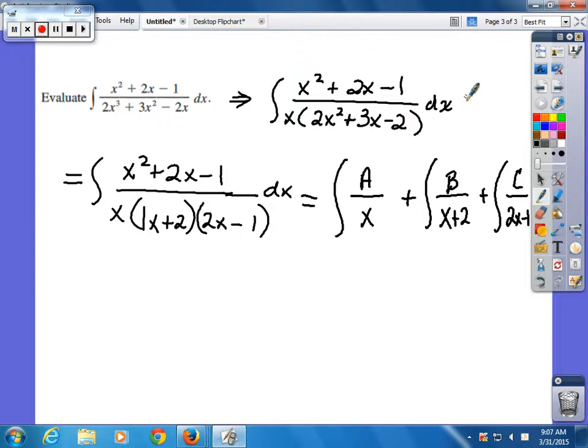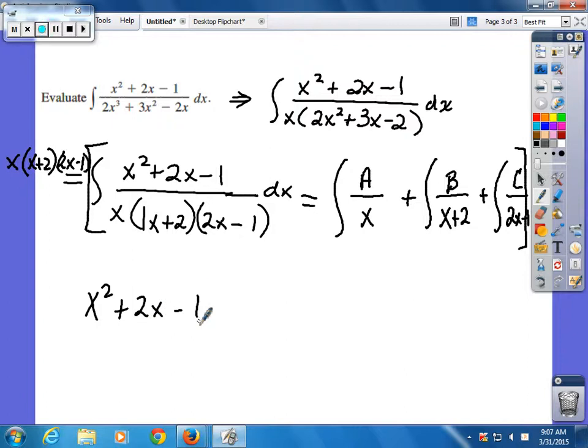So multiply both sides by x times x plus 2 times 2x minus 1, and of course these go out, and you're left with x squared plus 2x minus 1 is equal to, now right now I'm just ignoring the calculus and just doing the algebra because we have to find out what A, B, and C are.